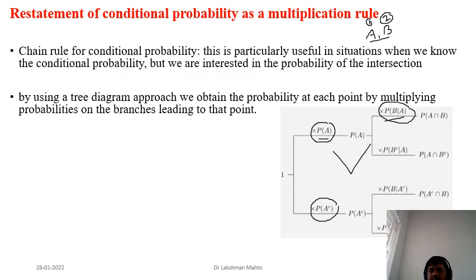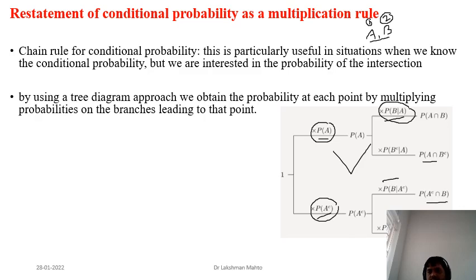Similarly, to calculate probability of A intersection B complement, it would be probability of A times probability of B complement given A. Similarly, we can calculate probability of A complement intersection B in similar cases, as the product of these two probabilities.